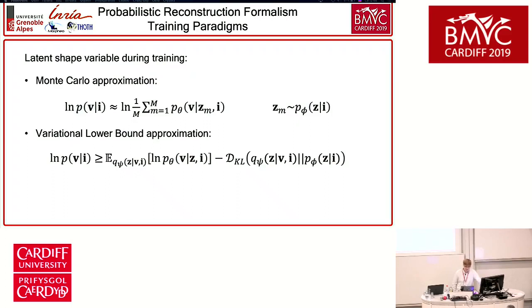Here we introduced Q psi, which is a variational posterior, which now depends not only on the image but on the shape of the object. So when we optimize this using Monte Carlo again, we will now sample from this shape-dependent posterior. In other words, we now have explicit latent shape space modeling performed in an autoencoder manner.